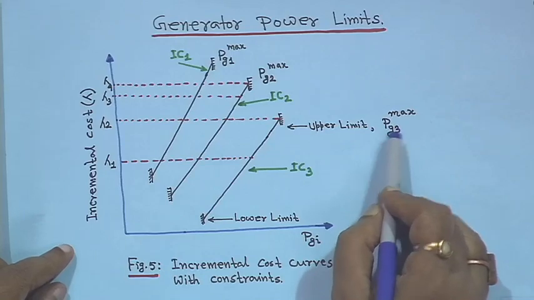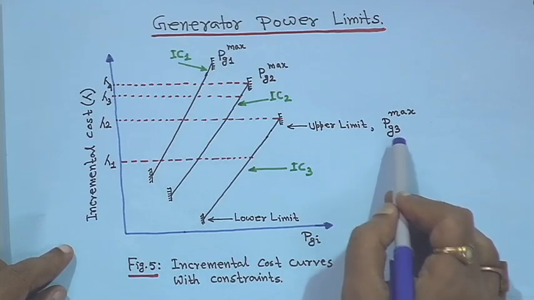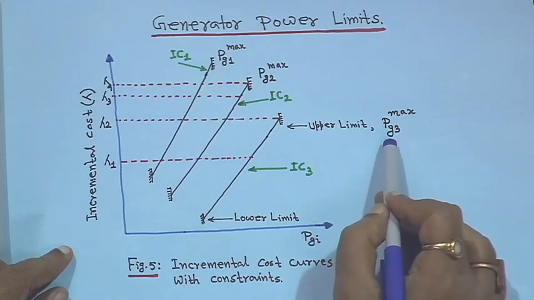Once it touches that limit, at that time you have to set the generation Pg3 equal to Pg3 max. There is no further increase, you cannot do that, this is the maximum limit.